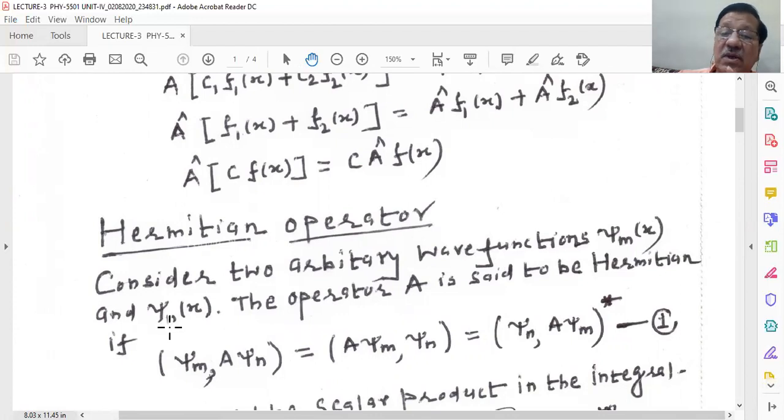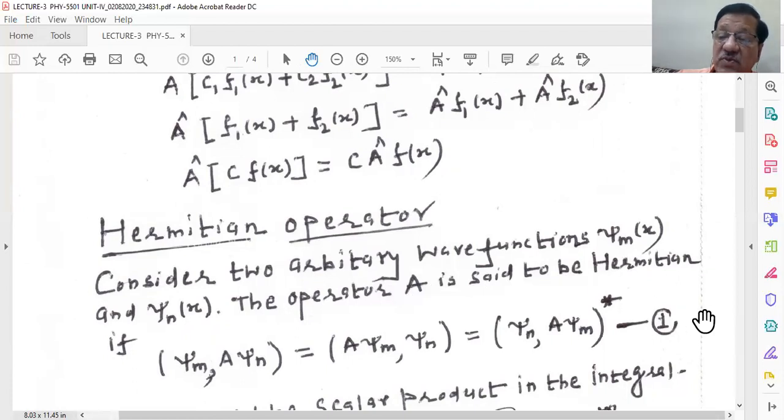These are two arbitrary wave functions, and I have a definition which I would like to discuss here. The operator A, sometimes you can keep A with a hat or a caret, it is optional. So the operator A is said to be Hermitian.